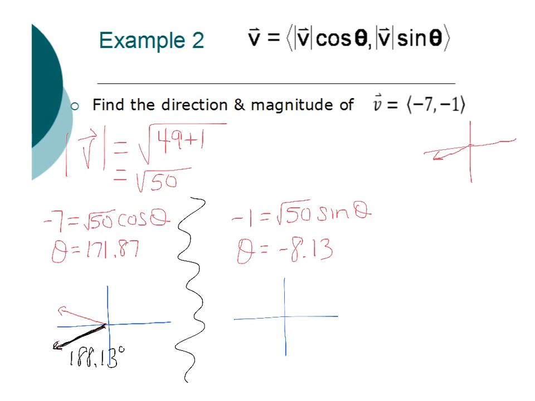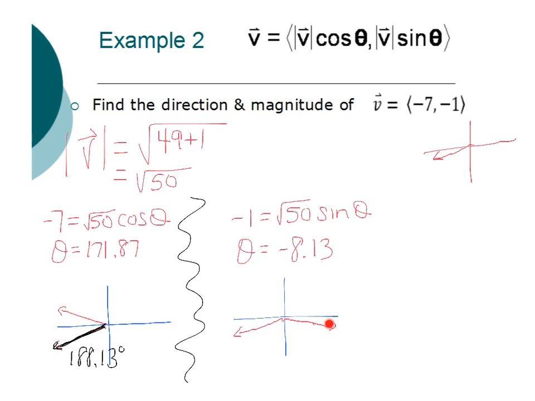The angle that I got as an answer was a negative 8.13. All right. That's not really the angle I want. I want the angle that's over here. On this one I was doing the inverse sine, and I was getting my sine value to be negative 0.141.